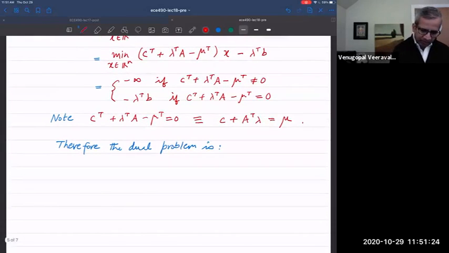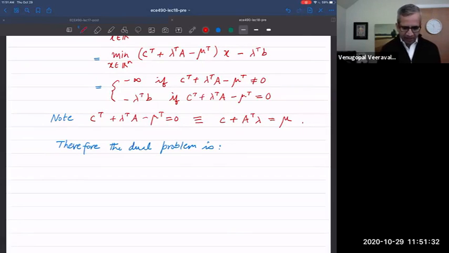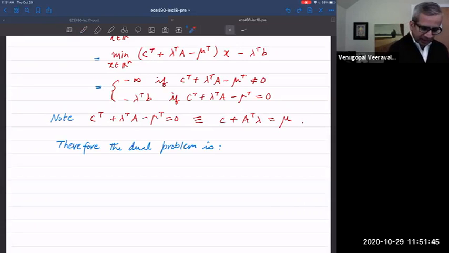So the dual problem is to maximize this, minus lambda transpose B. The only values of lambda that you care about are the ones that satisfy this equality, so we'll put that as a constraint in my dual problem.